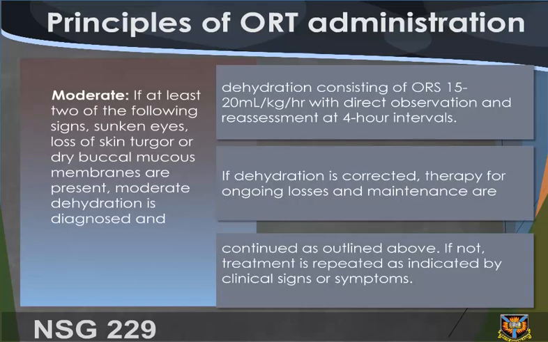Moderate: if at least two of the following signs are present, sunken eyes, loss of skin turgor, or dry buccal mucous membranes, moderate dehydration is diagnosed, and rehydration consists of ORS 15 to 20 ml/kg/hr with direct observation and reassessment at 4-hour intervals.